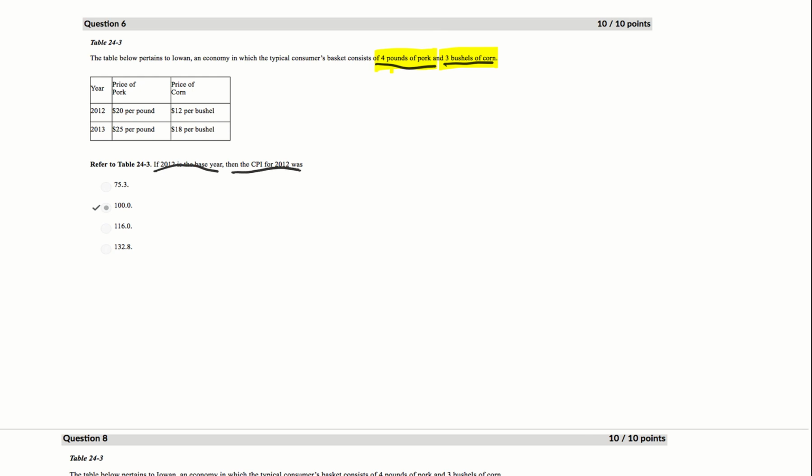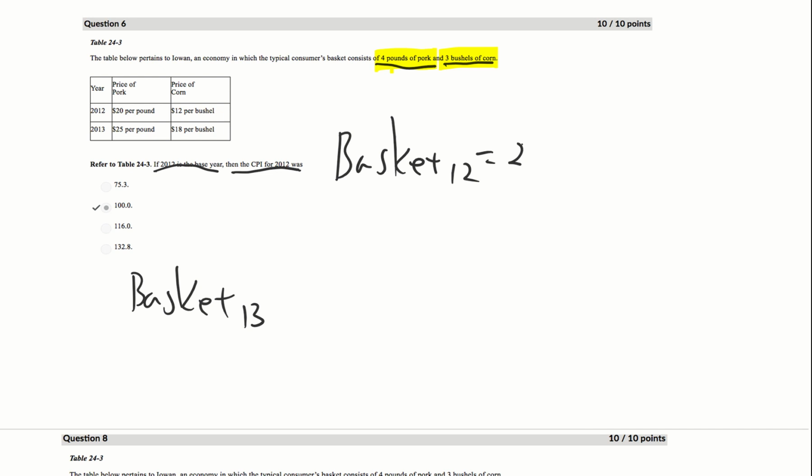All right, so first I'm going to find out what is the basket. Let me write it here. So basket value in 2012, and then the basket in 2013. For 2012, we're going to use $20 for each pound of pork times 4 pounds of pork plus $12 for each bushel of corn times 3 bushels of corn.